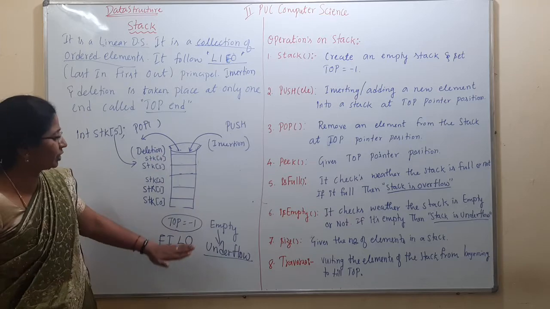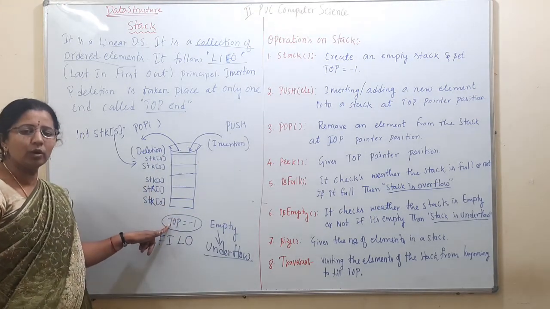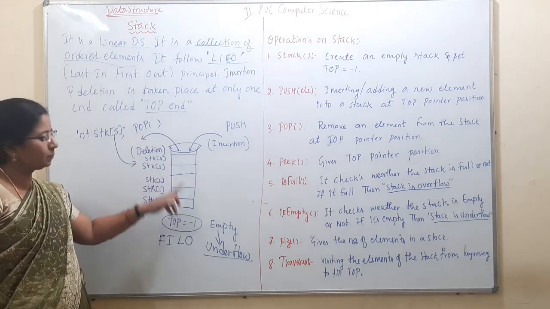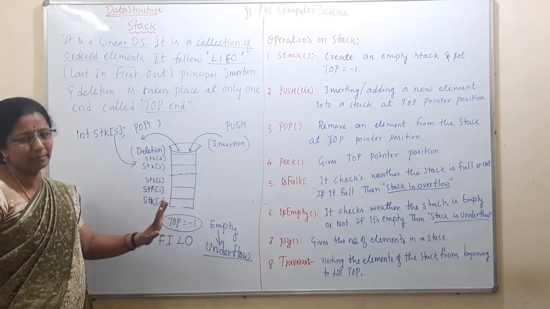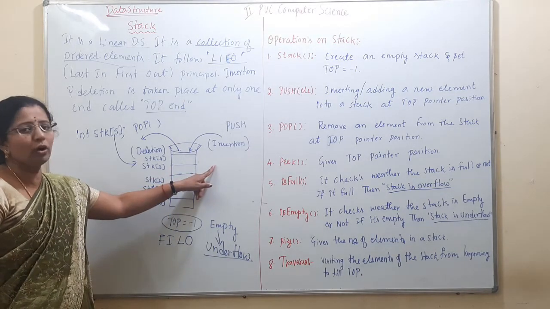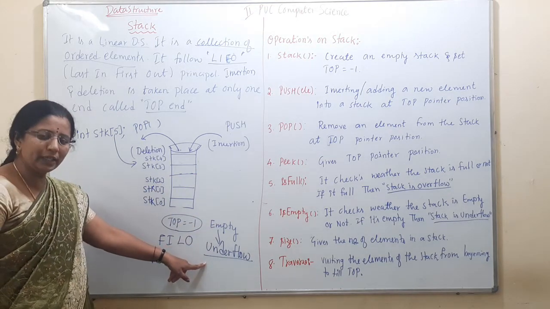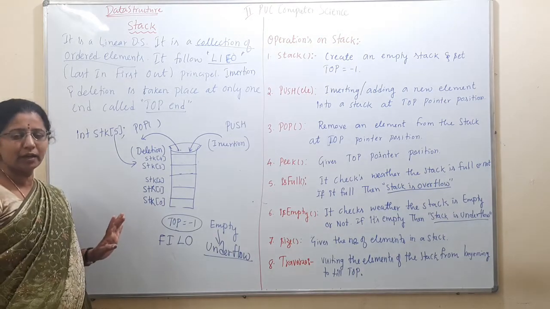There is no element to remove. When the top is -1, pop is not possible. Just display stack is underflow. Please remember the point: overflow when it reaches n-1, underflow when it reaches -1. Did you get it? Understood?